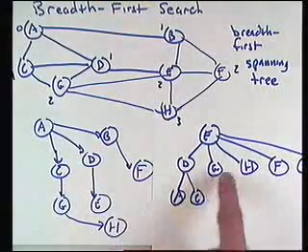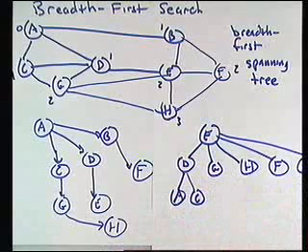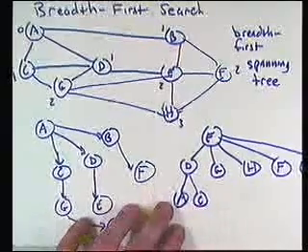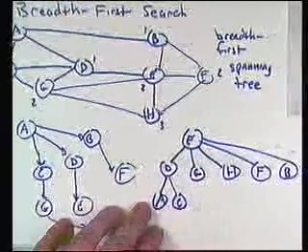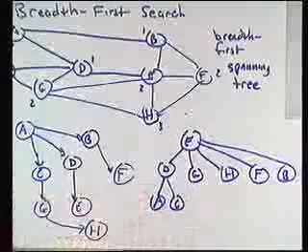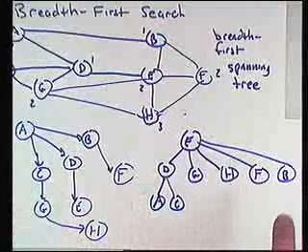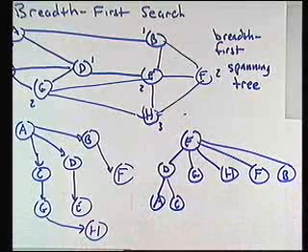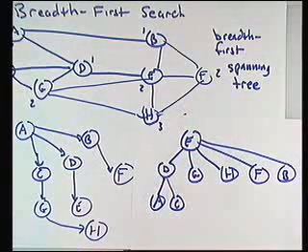So there'll be nothing from any of these vertices that hasn't been reached yet. And so if I have a different start vertex, then I can get different trees as well.